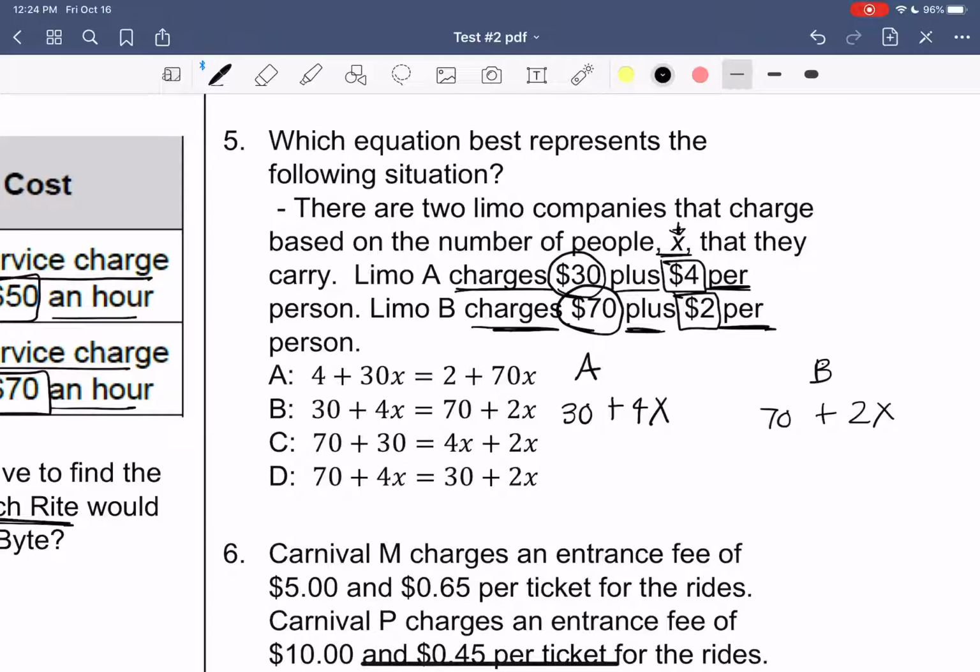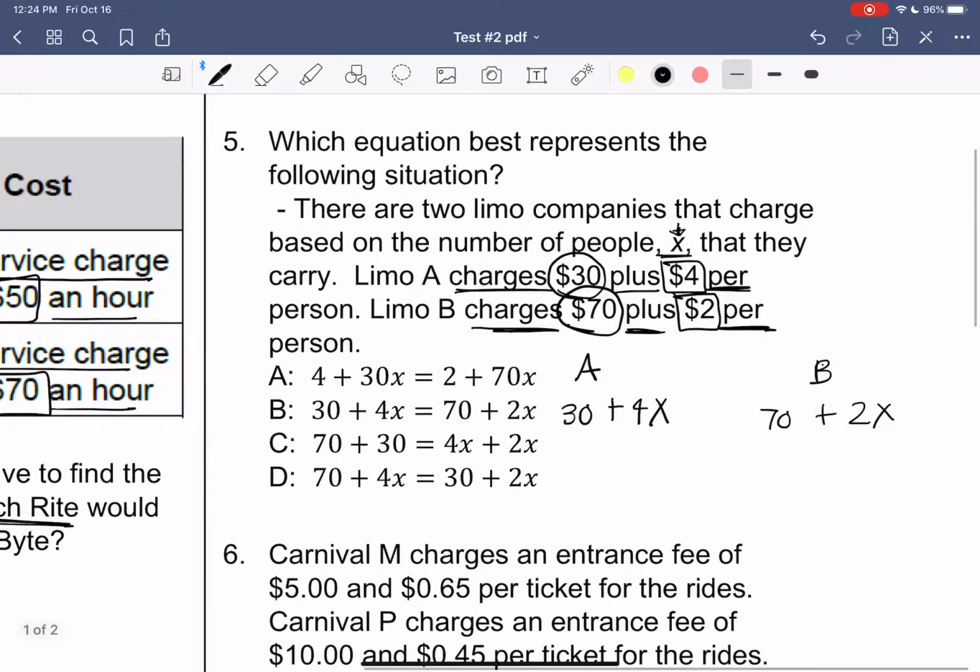And we're looking for when they are the same. So we notice even in our answer choices, they all have equal signs. So we're looking for the one that matches up exactly to ours right here, and that is B.